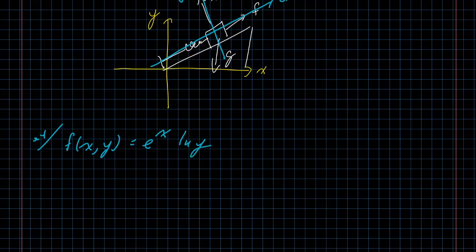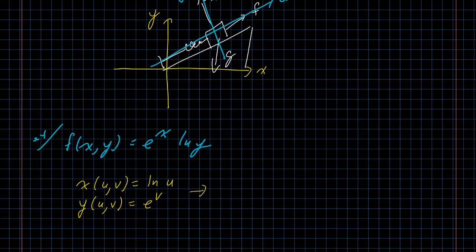For example, if we have a function that we care about, f of x and y is equal to e to the x times the natural log of y, we can set up some nonlinear coordinates so that x is equal to the natural log of u and y is equal to e to the v.